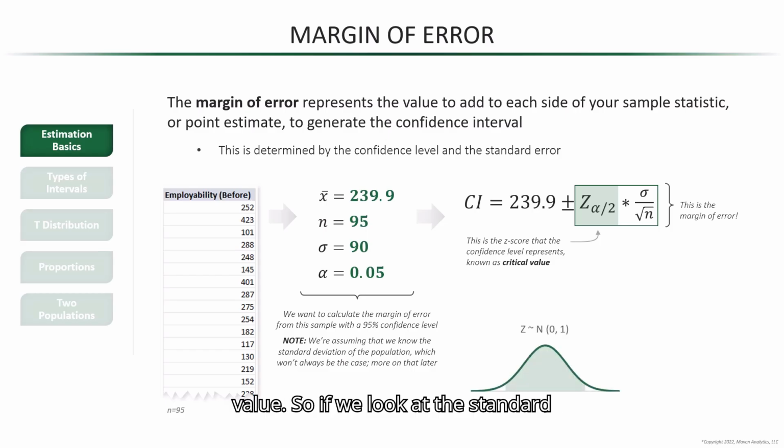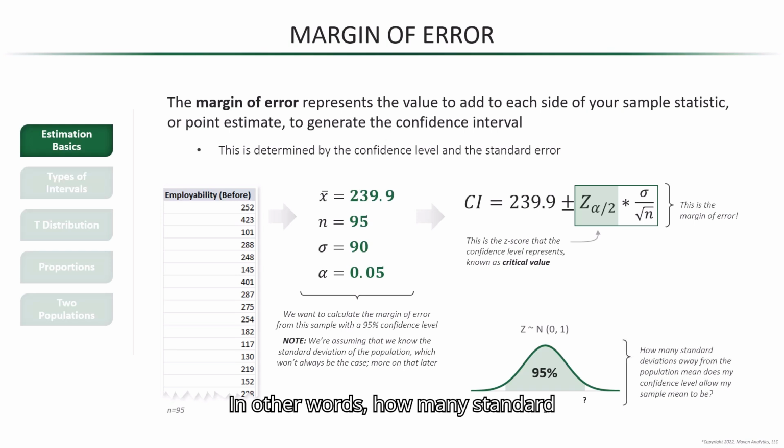So if we look at the standard normal distribution, or z-distribution, and add that confidence level of 95%, what we want to know is, what's the z-score at the edge of the area here? In other words, how many standard deviations away from the population mean does my confidence level allow my sample mean to be? That's what this number will represent.